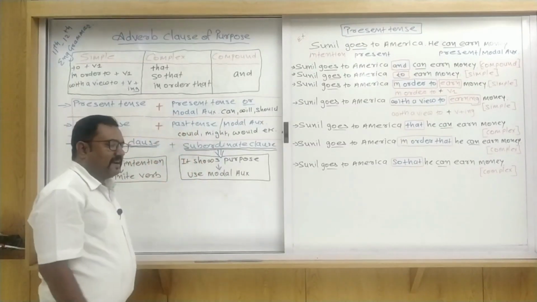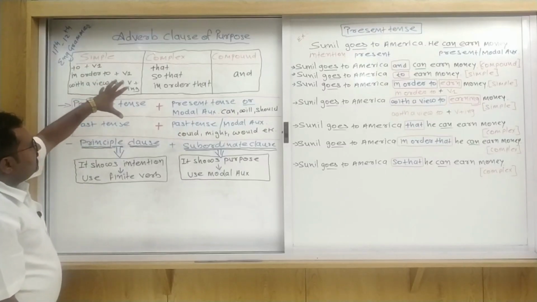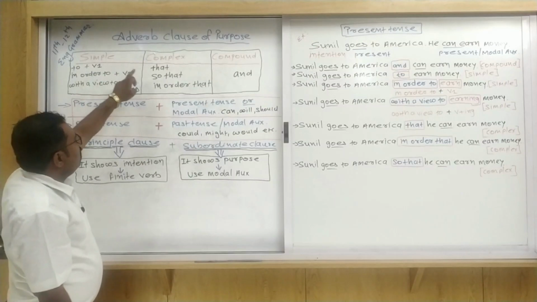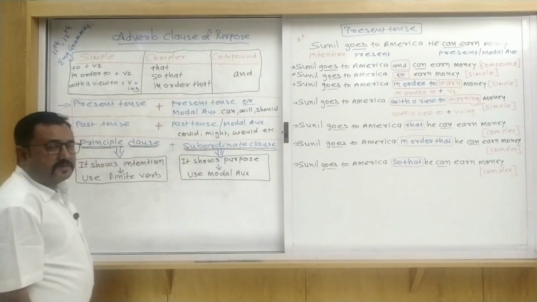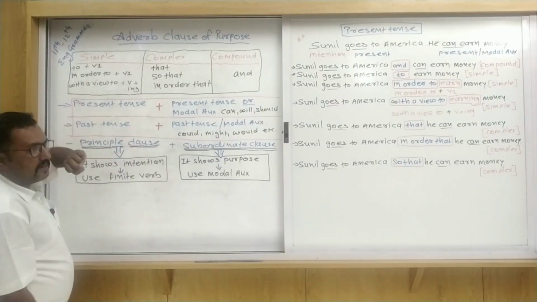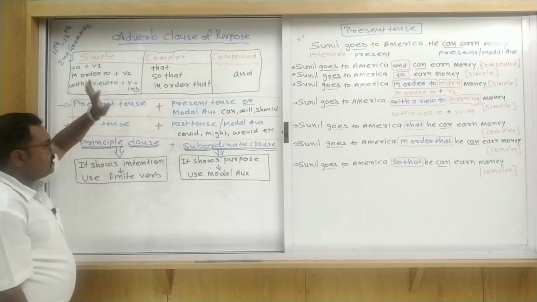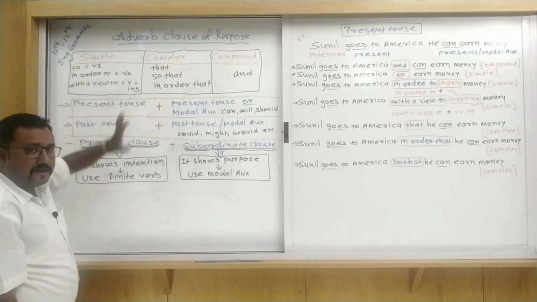Before we start the lesson, first of all see that there are three kinds of sentences: simple sentence, complex sentence and compound sentence. In a simple sentence, to plus V1 or in order to plus V1 is included, and with a view to plus verb plus ing.